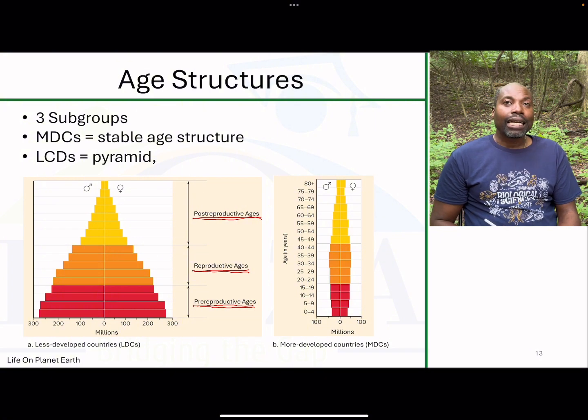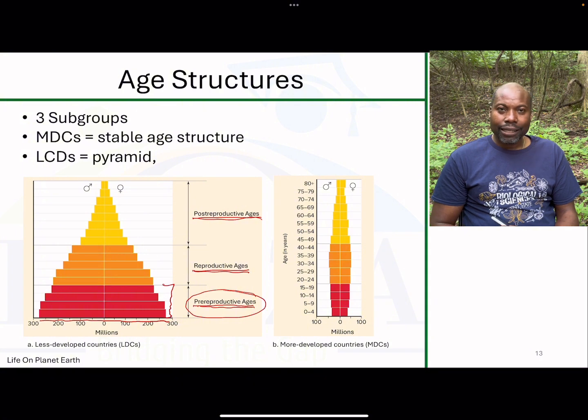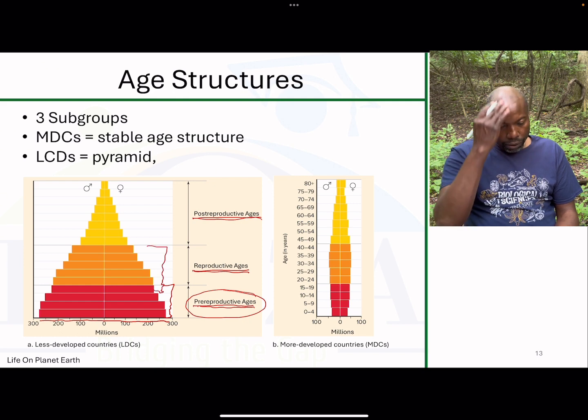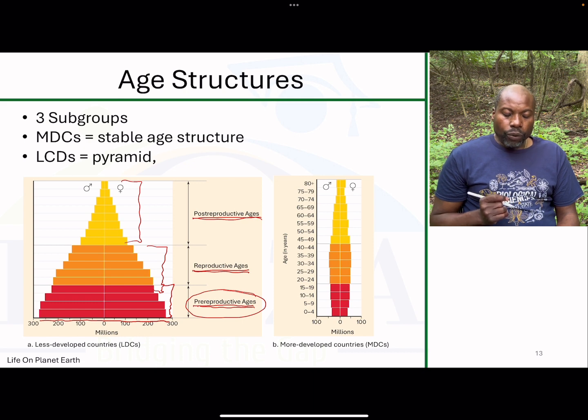Now, what we notice is that in less developed countries, we're going to have a broad base, meaning that the people in pre-reproductive age are going to be more abundant than anyone else in the population, followed by the reproductive age people, with a very narrow post-reproductive group of population.